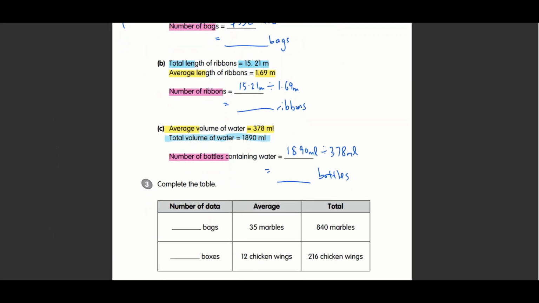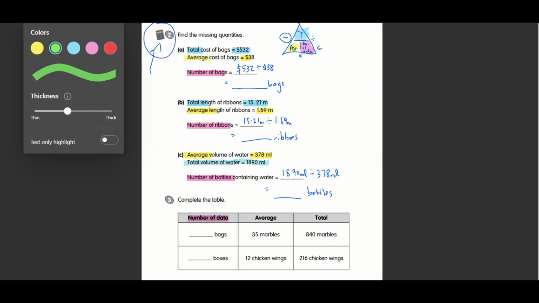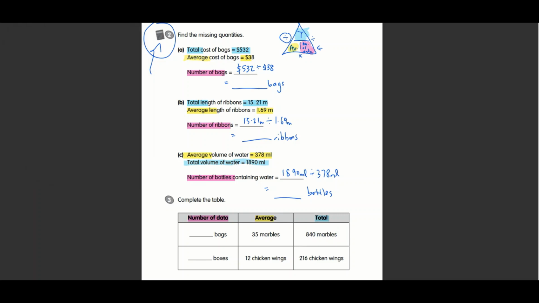Let's briefly look at the last bit here as well. Similarly, I'm supposed to find the number of data, and I'm given the average and the total. In other words, I just have to divide the total by the average.